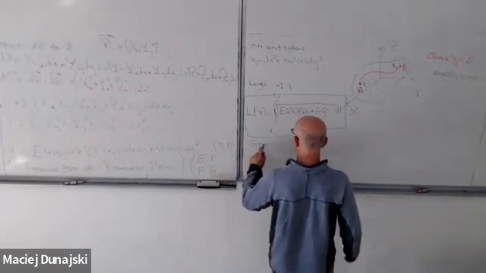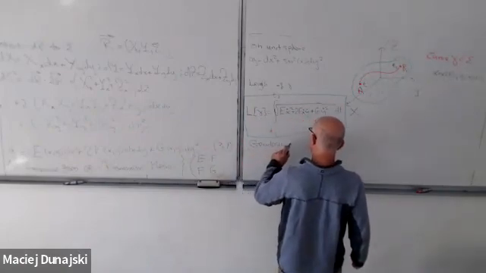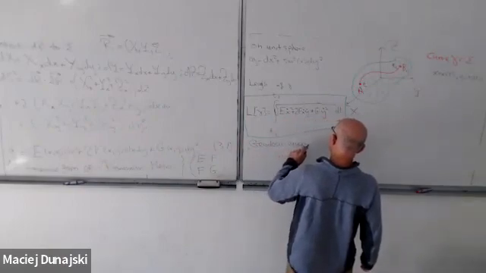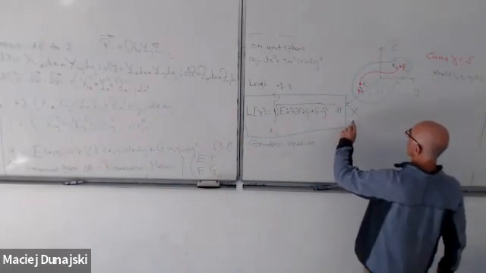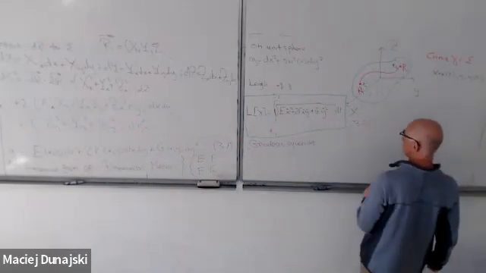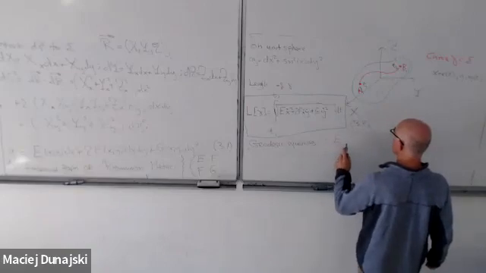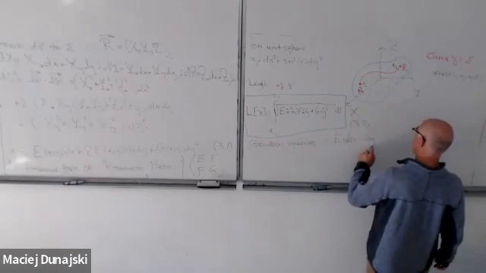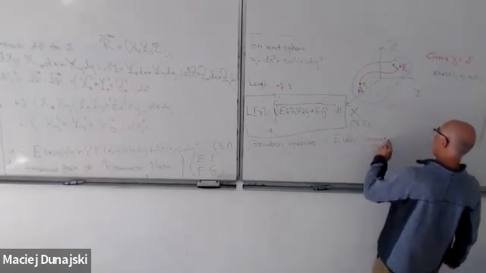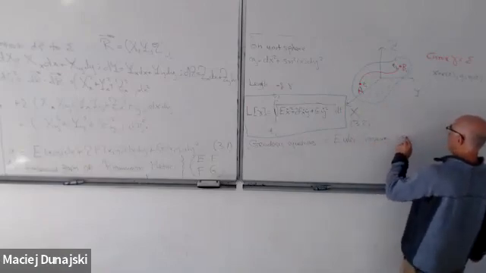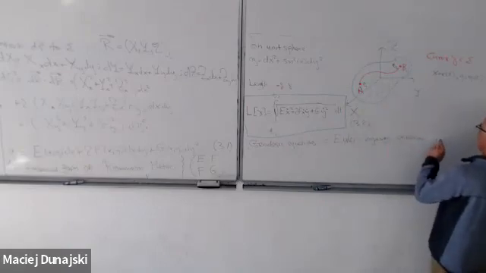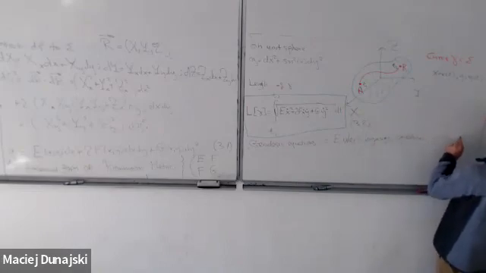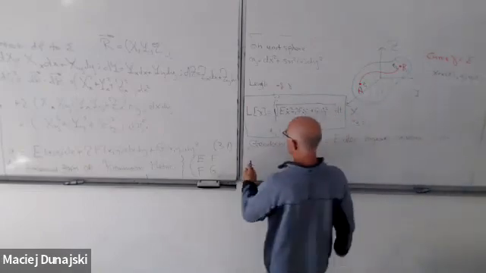Geodesic equations. Let me give this a number. This will be 3.2. They are the Euler-Lagrange equations with two dependent variables.